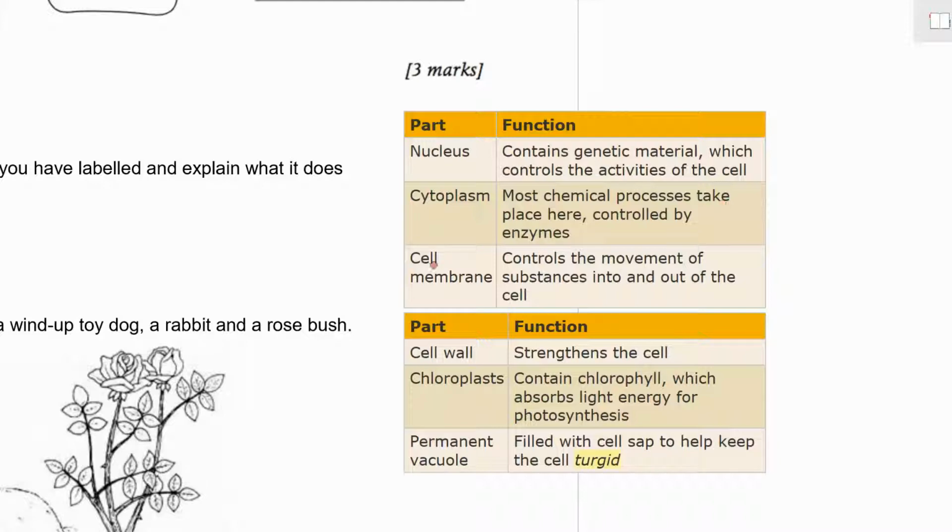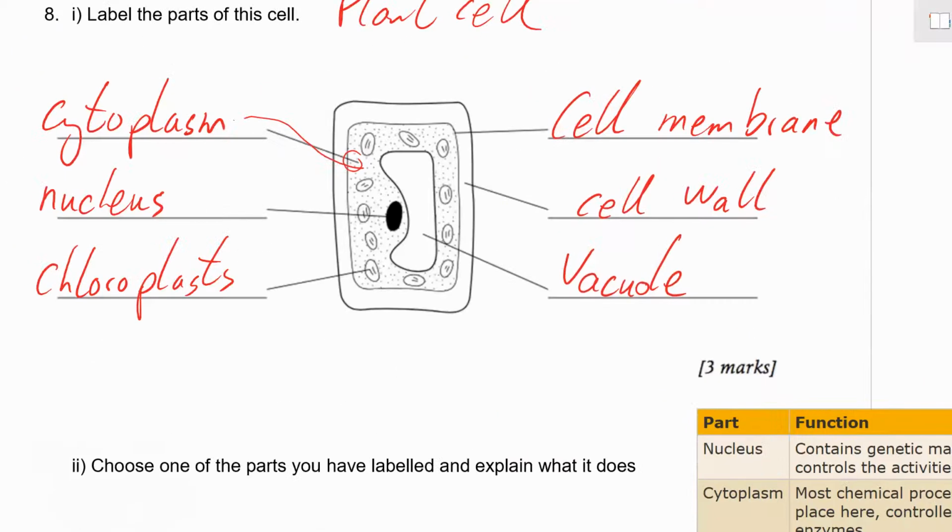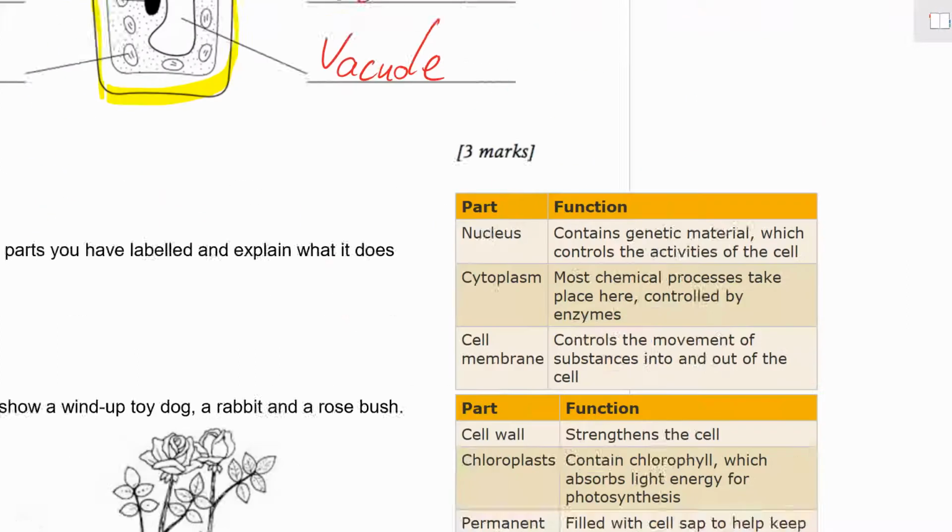The cell membrane controls what goes in and out of the cell. The cell wall, this is the strength of the cell. So plants don't have skeletons containing bones like humans do. So their strength comes from this extra wall that they have, as highlighted in yellow, that provides the strength.